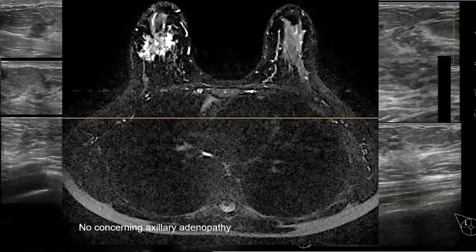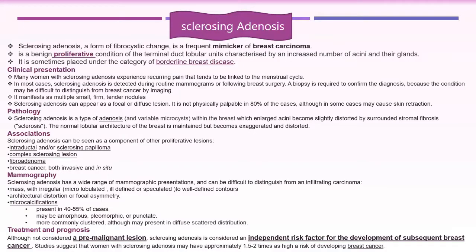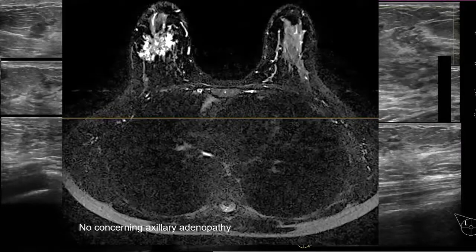It looks like a spiculated, heterogeneously enhancing mass, and the biopsy result was sclerosing adenosis. Sclerosing. Okay, focal target. Okay.